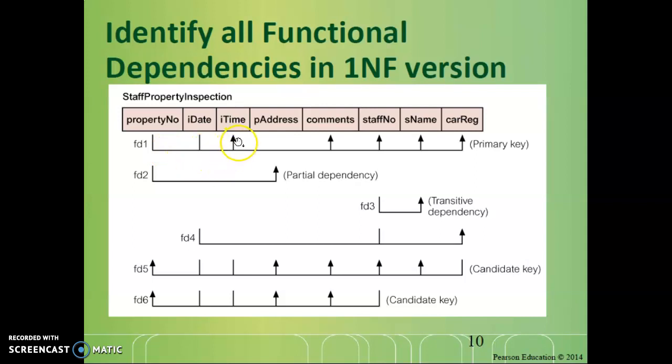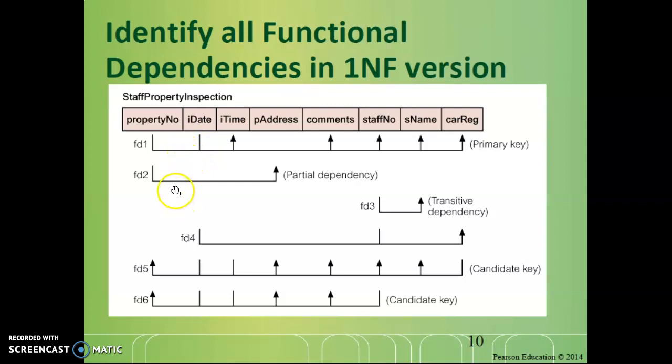And I time, P address, comments, staff number, S name, car registration are all dependents. That is why the arrow mark is shown like this. All these attributes depend on these two attributes. If we know property number and inspection date together, we can identify all these attribute values. That is the meaning of this first functional dependency.